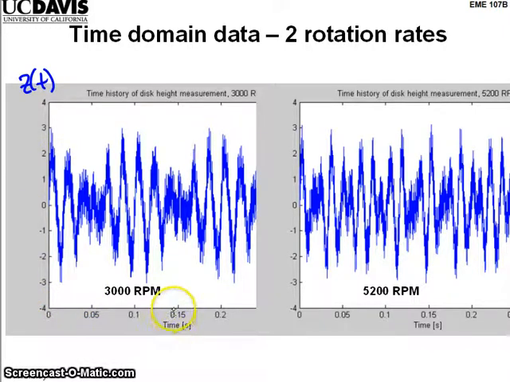The first plot was recorded at 3,000 RPM, and the second plot was recorded at 5,200 RPM. These are pretty typical spin speeds for disks used for hard drives and data storage.